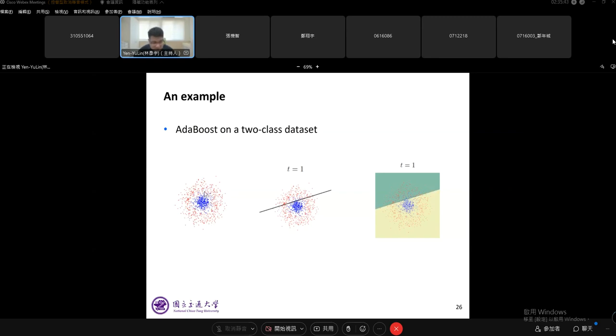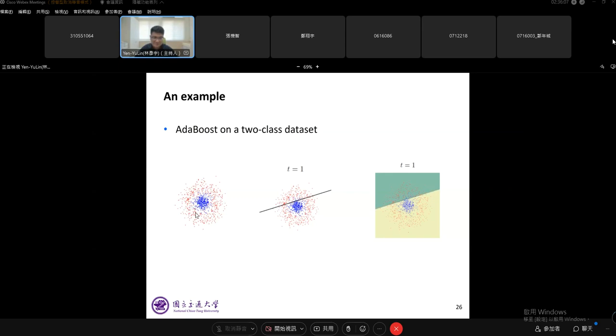As you can see in the distribution, we know the decision boundary should be nonlinear with respect to the input space. You might notice that some blue points and some red points are mixed together. So this is a challenging classification problem.